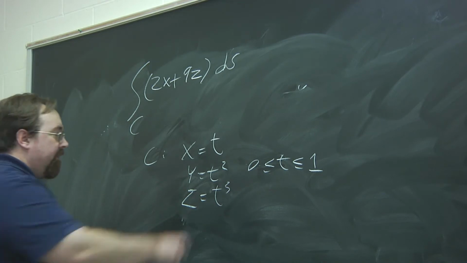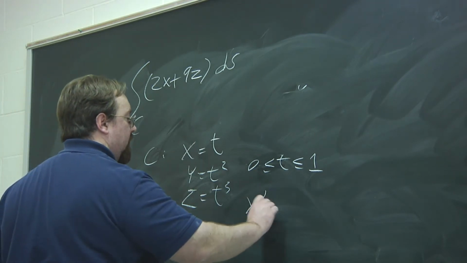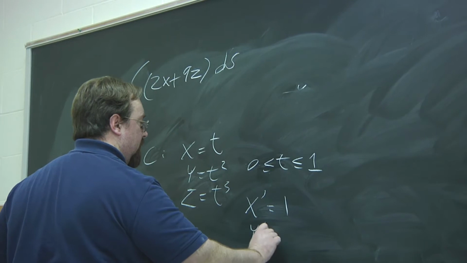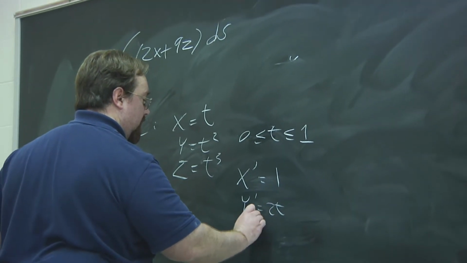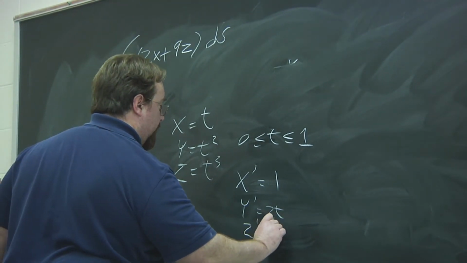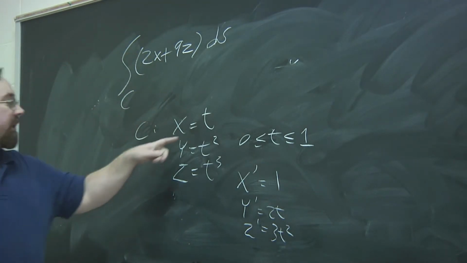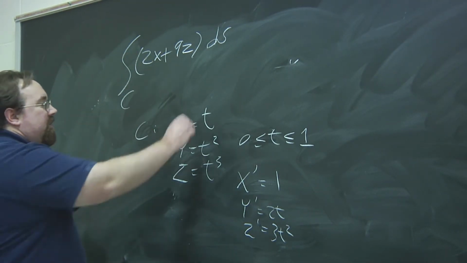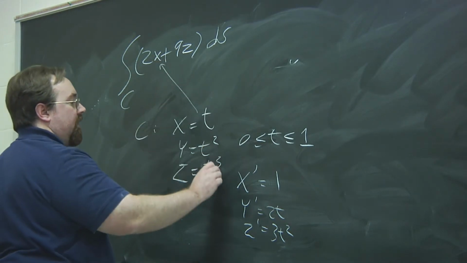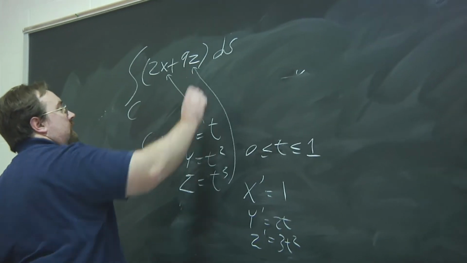So we need our derivatives. So we have 1, 2t, and 3t squared. So now we can plug in x in here and our z in here.